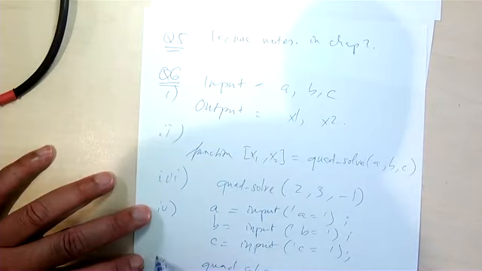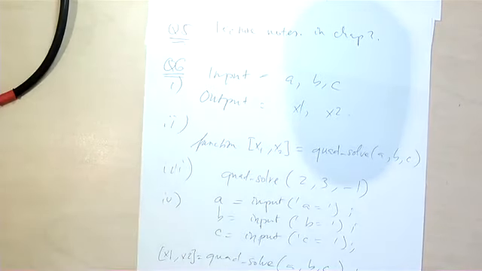So x1, x2 equal quadsolve of A, B, and C. Okay, so the script is just simple like this. Only a few lines.